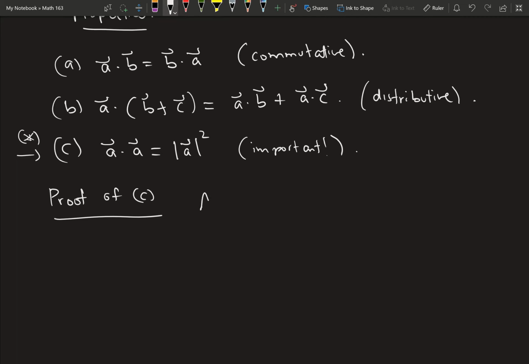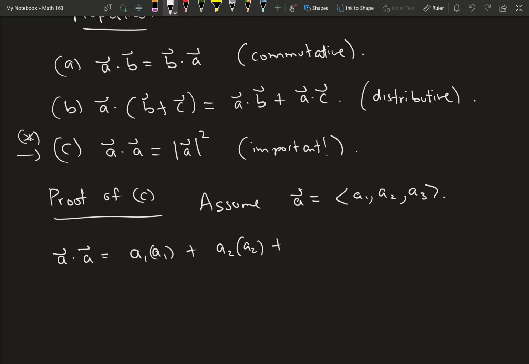So again, let's assume that the vector A is A1, A2, A3, so that A dot A is A1 times A1 plus A2 times A2 plus A3 times A3, which is A1 squared plus A2 squared plus A3 squared.